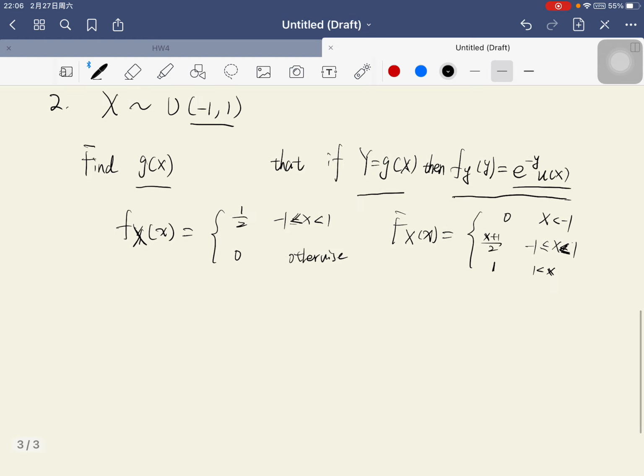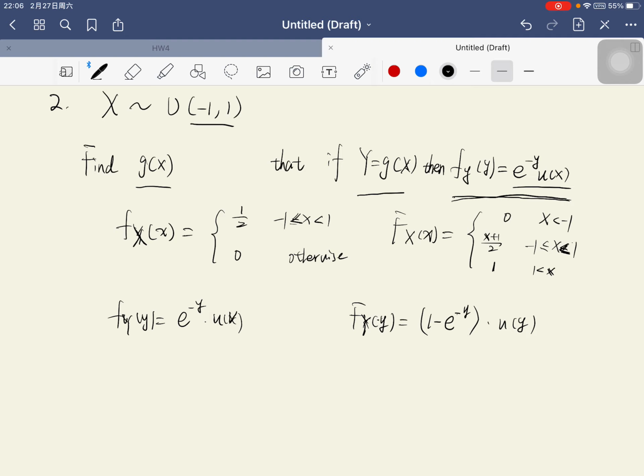So for the density function of y, it is equal to e to the power of -y times the mu y, and the distribution function of y is equal to 1 minus e to the power of -y times the mu y.